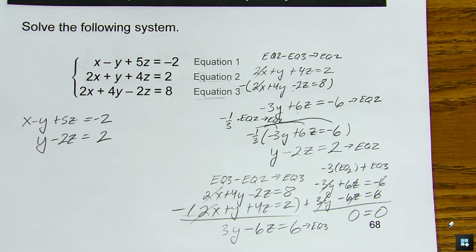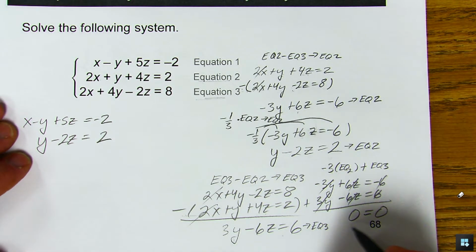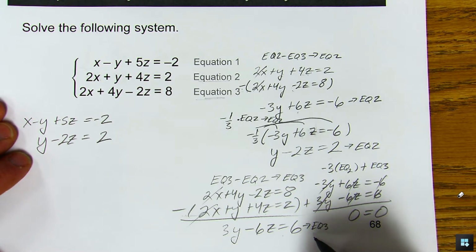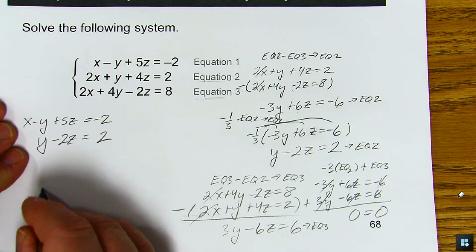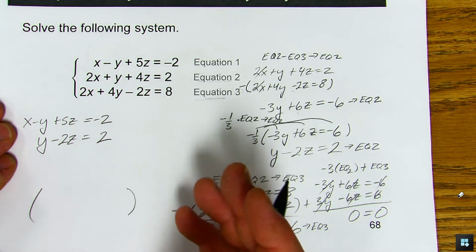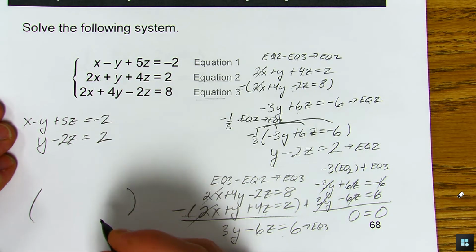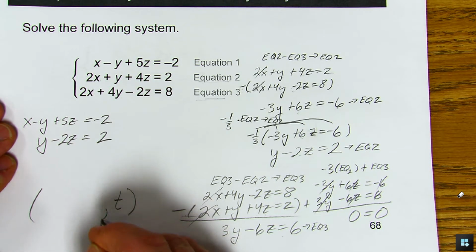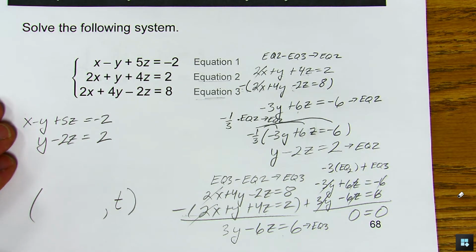It is true that there are infinite solutions here, but the only stipulation is about what we put in for z. We can put whatever we want in for z. Let's call it t, because we don't know exactly what number we're going to use. z can be any number I want it to be.